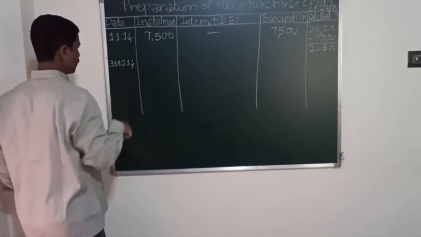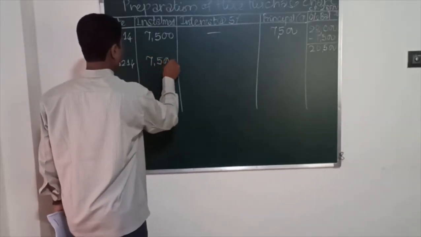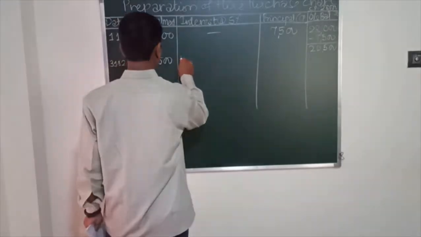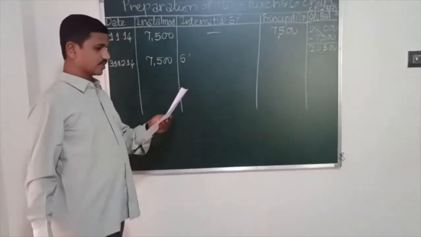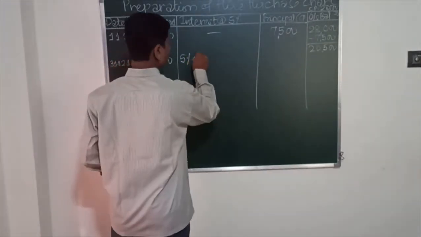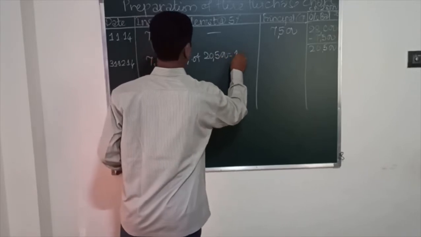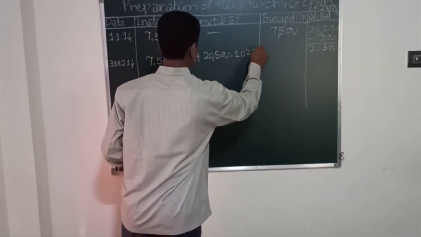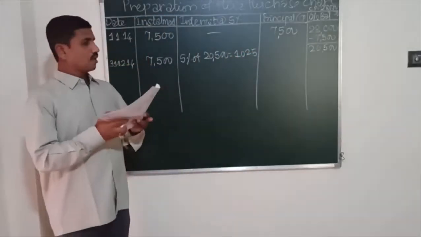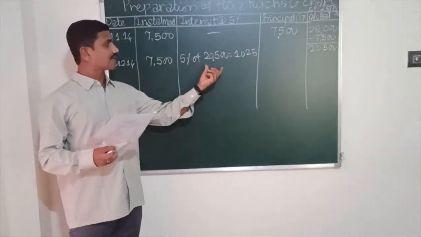So on 31st/12/2014, the first installment will be paid, that is 7,500. So now we need to calculate the interest here. So 5%, the rate of interest which is given, of rupees 20,500, which comes to rupees 1,025 here. So now this installment is inclusive of the principal as well as interest.